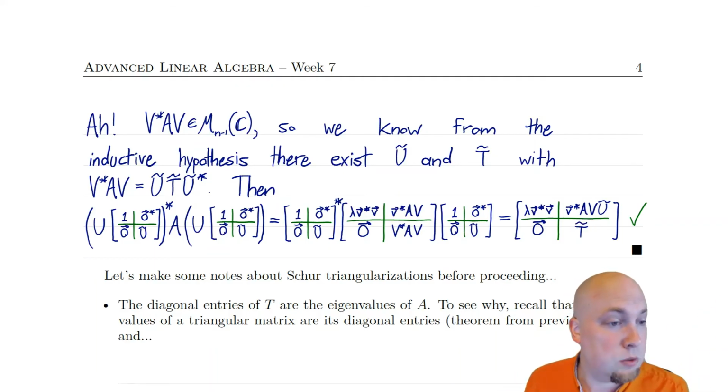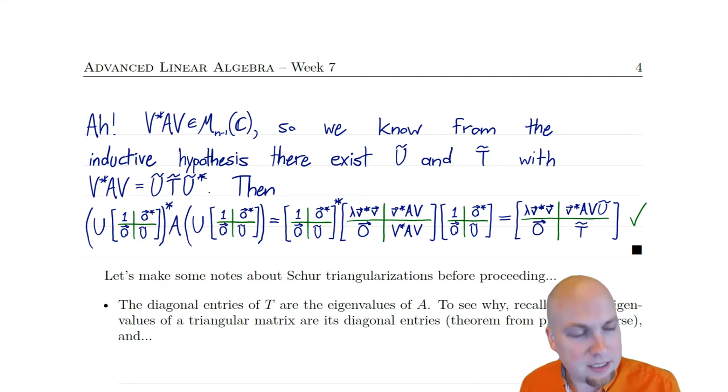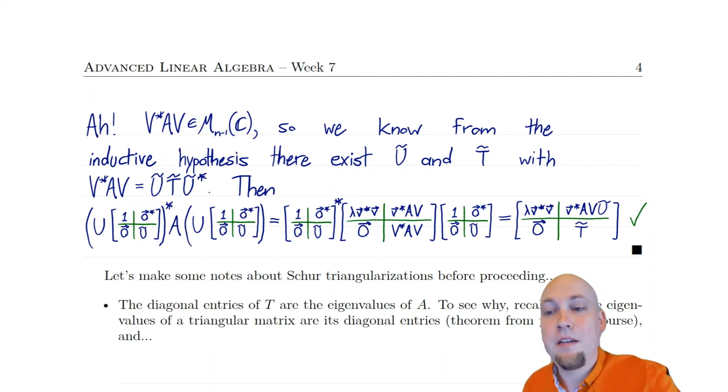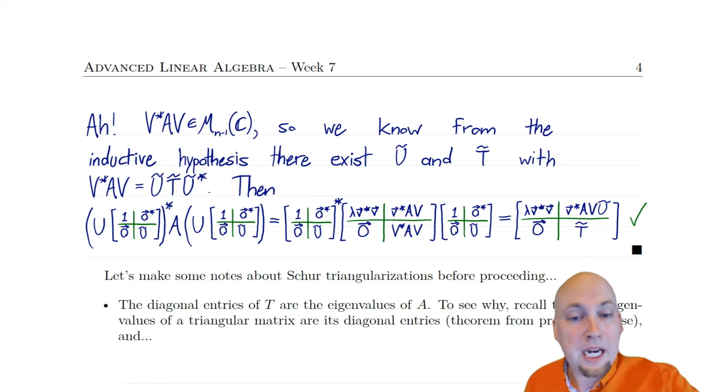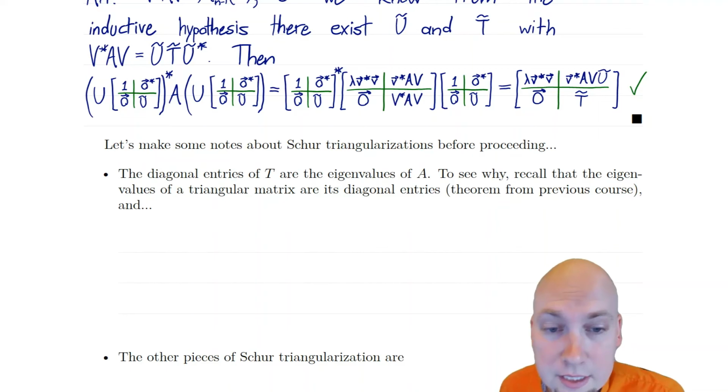It's an n-1 by n-1 upper triangular matrix. So here we've got a 1 by 1 block, here an upper triangular block, and here zeros. So the whole thing is upper triangular, which is what we wanted. That's finally the end of the proof of the Schur triangularization theorem. So every matrix can be upper triangularized by some n by n complex unitary matrix.